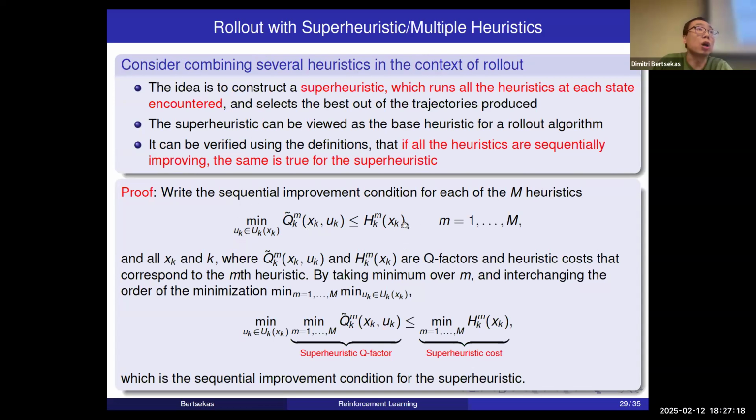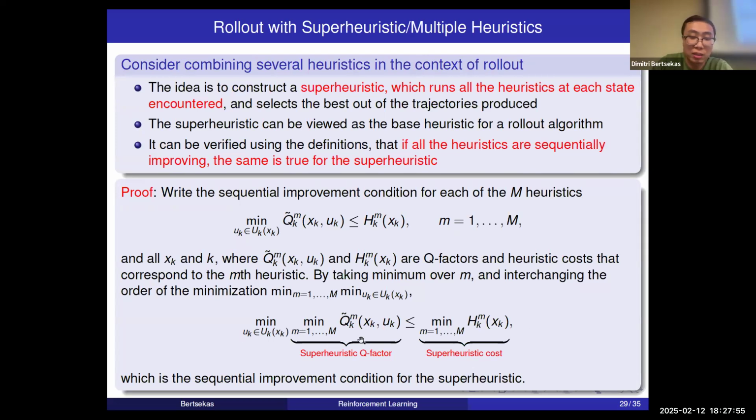And this should hold for each and every heuristic. Now we take one additional minimization over both sides of the inequality over M. And this inequality should still hold, right? And we are allowed to exchange the order of the minimization over control and the minimization over the heuristic. Then we reach this inequality.